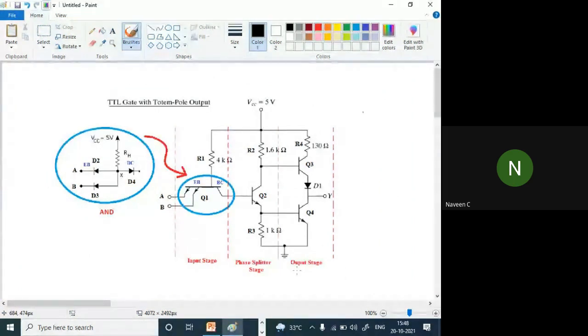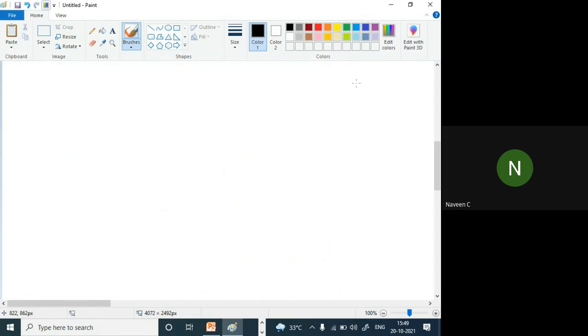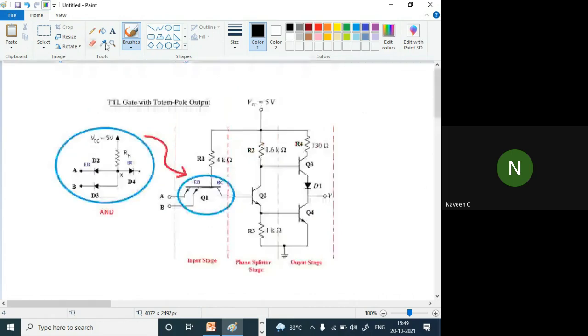But if you see very simply what it does: what is AND logic? Whenever any of the input is zero, the output will be zero. Here we are giving 5 volt.